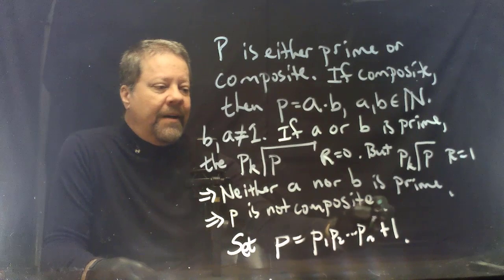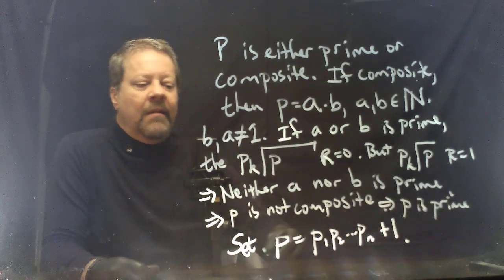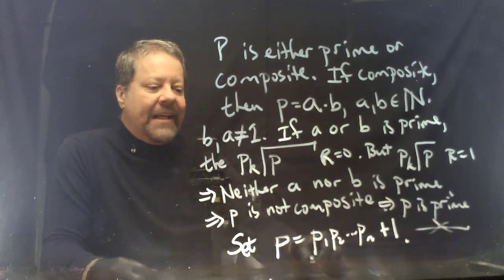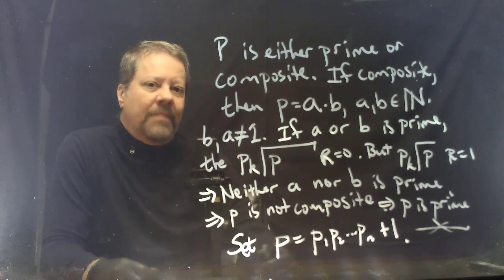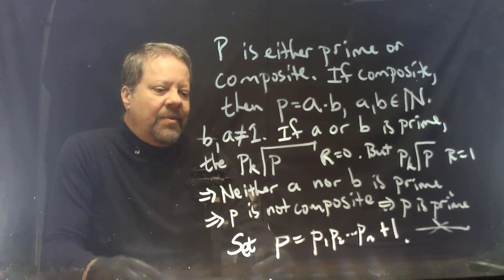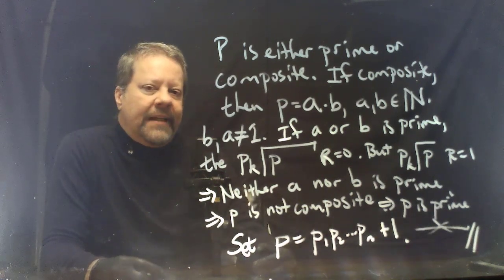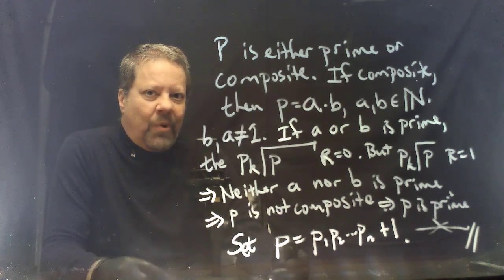But if P is prime, then we have a contradiction, because we said we had a list of a finite number of primes, and then we found one more. So that's the end of the reductio ad absurdum proof, because we've shown that if there are finitely many primes, we can always construct one more.